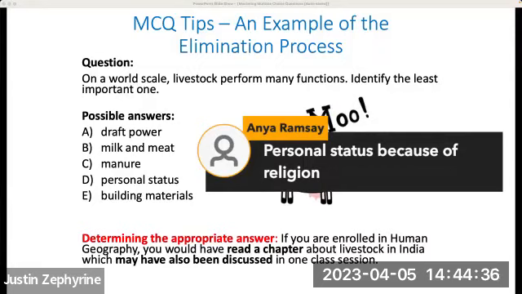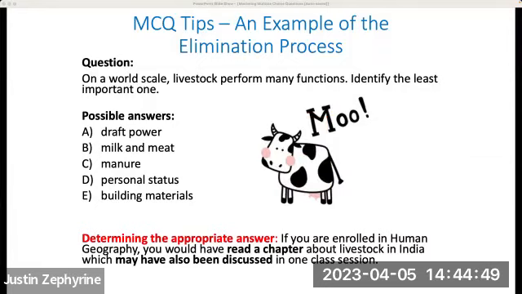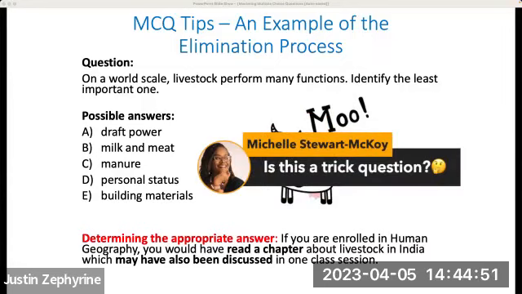Identify the least important one. I don't think my personal status will be relevant. Good. And Anya said the same thing, personal status.